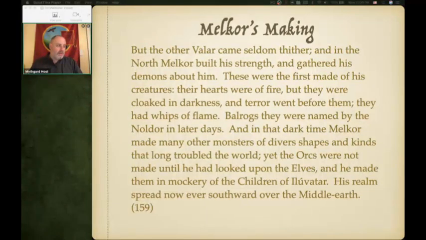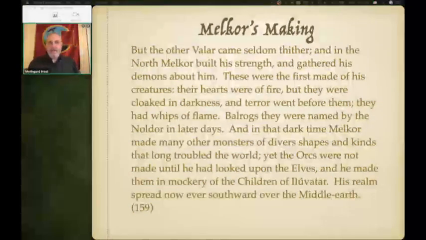So the orcs are, the reason I was using the word construct instead of automata, Mary, is that automaton does sound like, it implies rather, a thing which is passive unless remotely operated. And the orcs were clearly never that, right? They're not that, but they are constructs in the sense that they're built, not born, right?